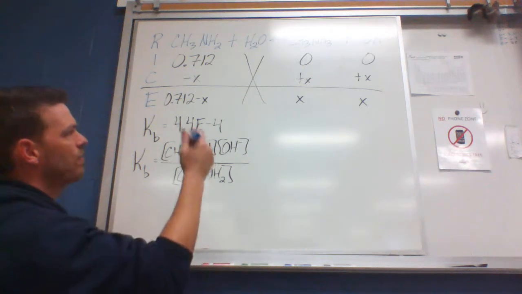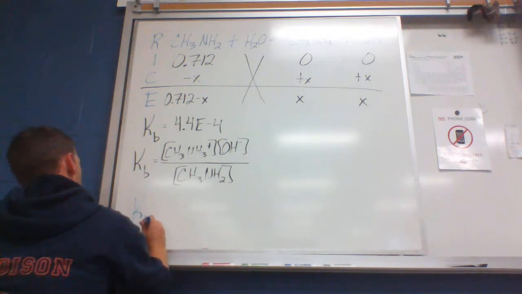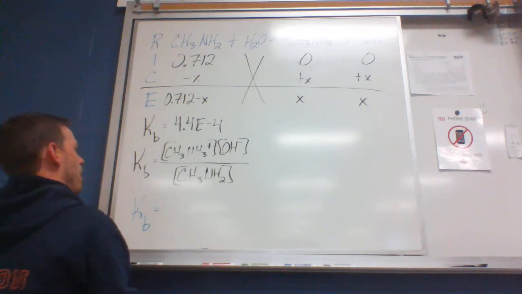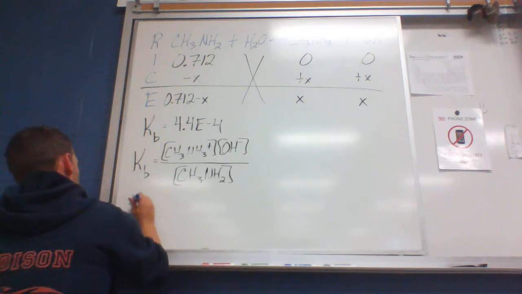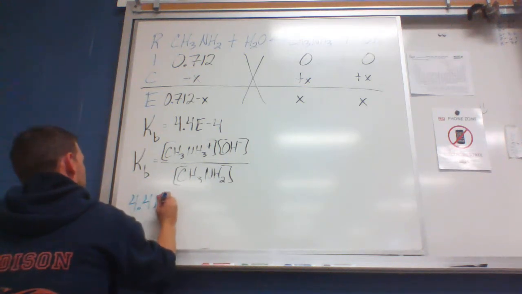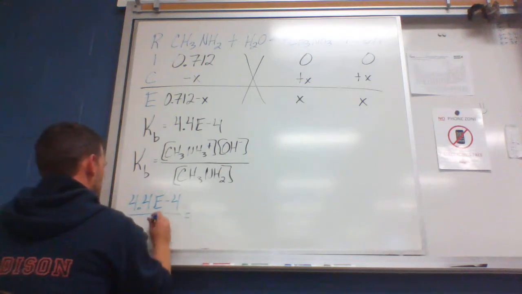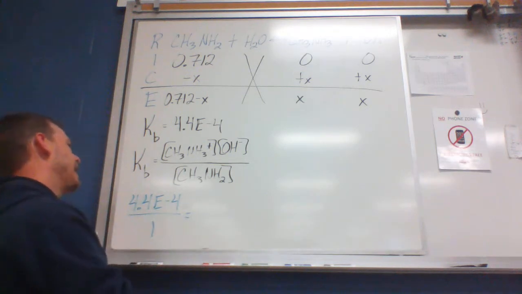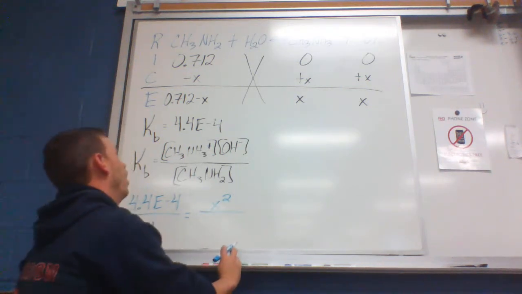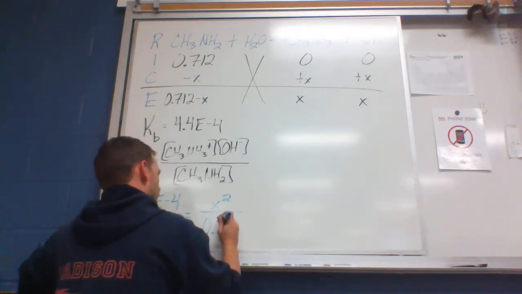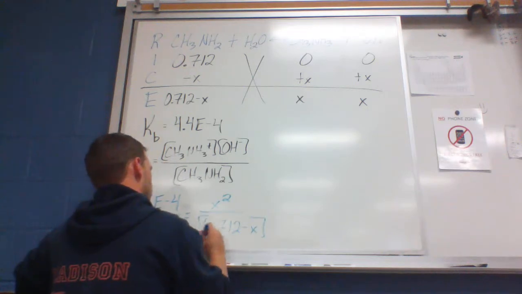Of course, we don't have the values to solve for X as directly as we did last time. So as we sub this in, up top, my KB is 4.4 E negative 4 equals, I like to put that over 1 for ease on my brain, and that'll be X squared over 0.712 minus X. Why?